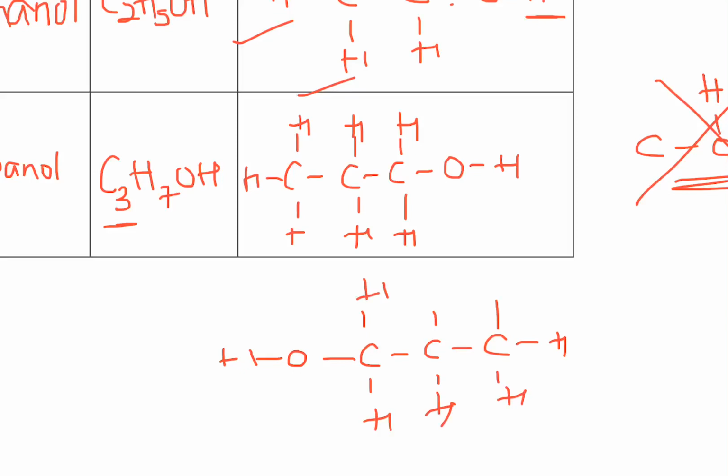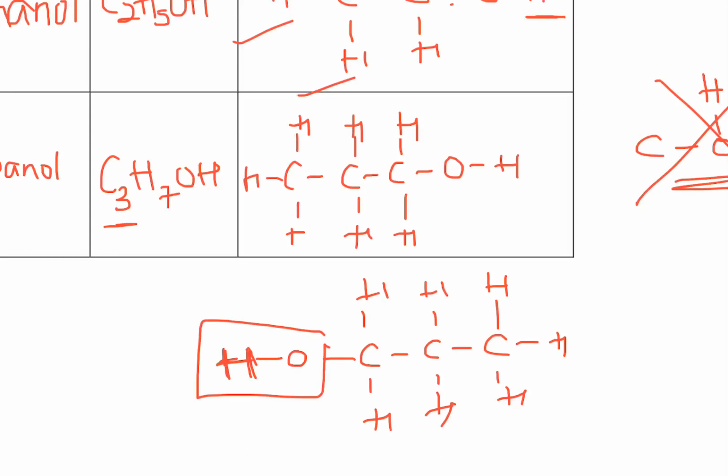And if you remember the term isomer, where you have molecules that have the same molecular formula but different structural formula, then you can position this OH at different places.